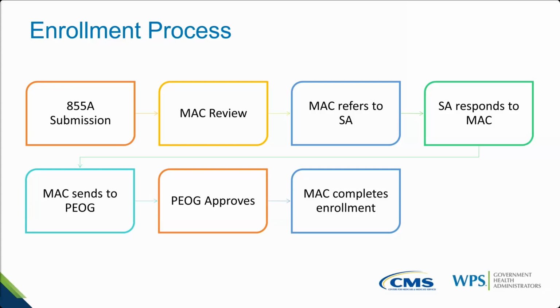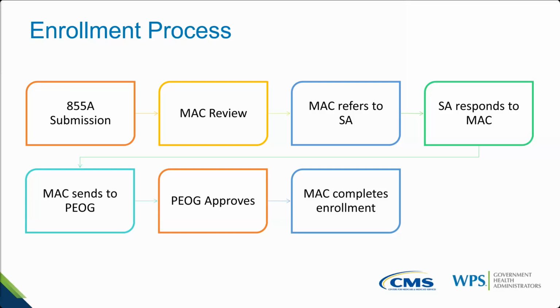They're going to ensure that they have all documentation that's required to enroll as a hospital. And if they find that there are discrepancies or something missing, the MAC is going to send out a development request to the provider. And this all happens on this initial review of that 855A submission. The verification process continues, and it doesn't move on to the next step until it's complete.